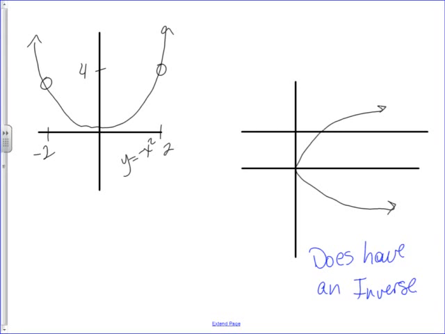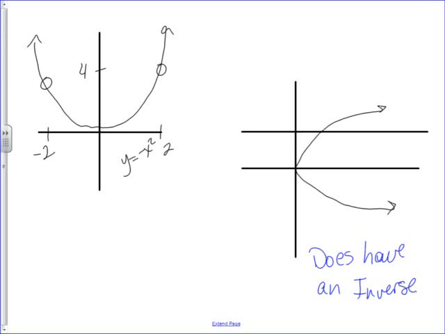All right, so if you have mapping, you look at your mapping. If more than one item from your domain is matched with the same item in the range, even though it's a function, it does not have an inverse. When you have a graph, if it fails the horizontal line test, your graph does not have an inverse.